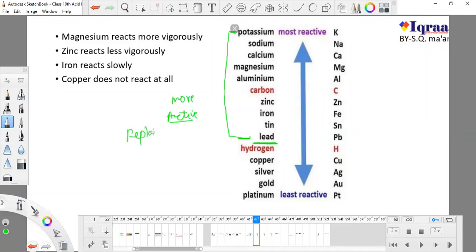But those who are less reactive cannot replace hydrogen. So copper is on a lesser rank, or a down rank, we can say. Copper is lesser reactive than hydrogen.